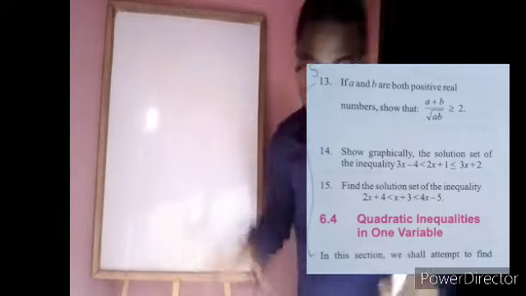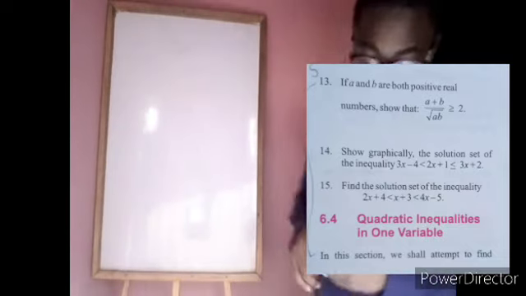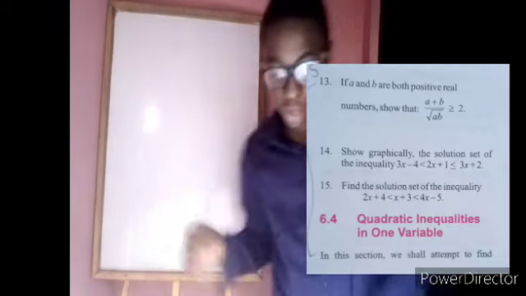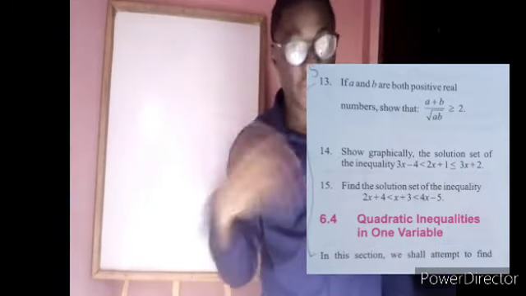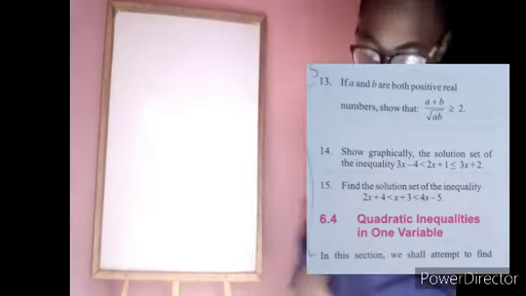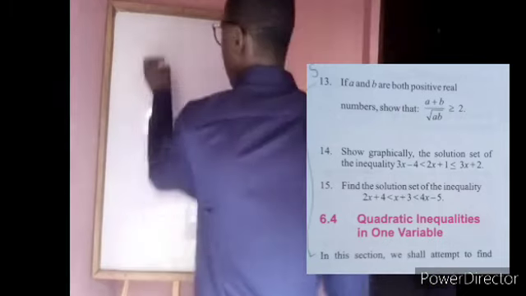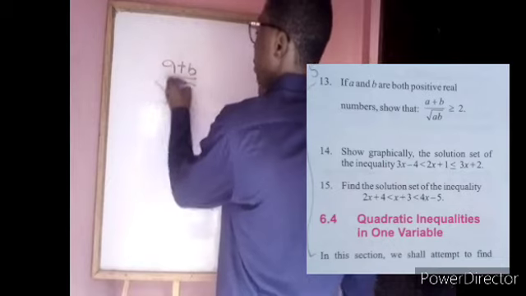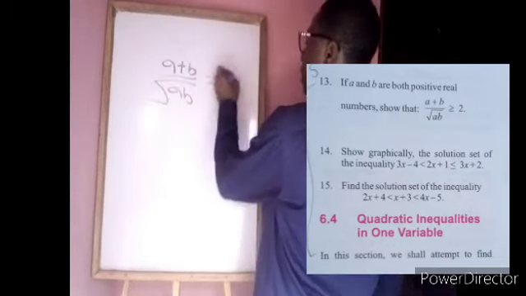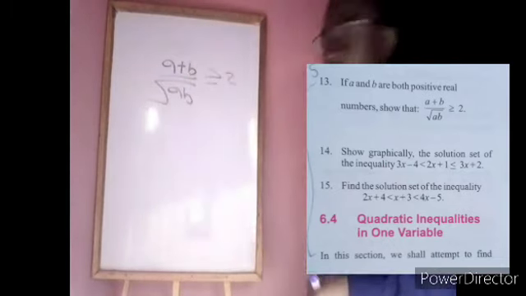It's an example where we have to show, but it's simple. Just take it simple and calmly. They said a and b are both positive real numbers, right? So they have to show that a plus b divided by the square root of ab is greater than or equal to 2. That means a plus b over the square root of ab must be greater than or equal to 2, right? So now let's check that out.